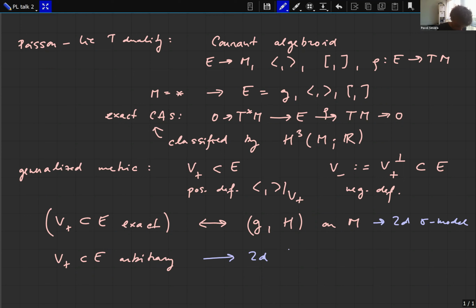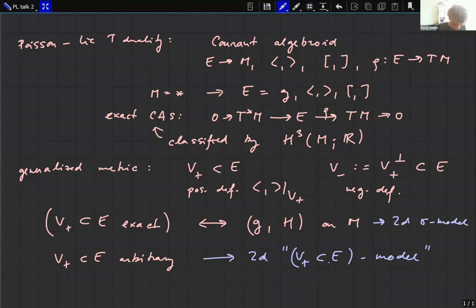Let's call it the V plus sitting in E model, in quotation marks. I will tell you a little bit later what that thing is. For the moment, just believe me that one can cook it up. For people who know those words, it's going to be basically a boundary field theory or boundary condition for the Courant sigma model.